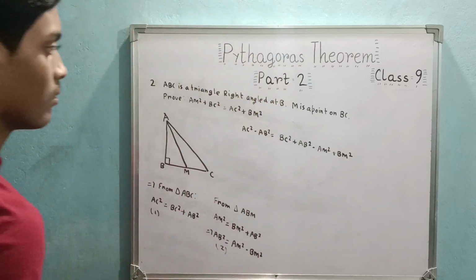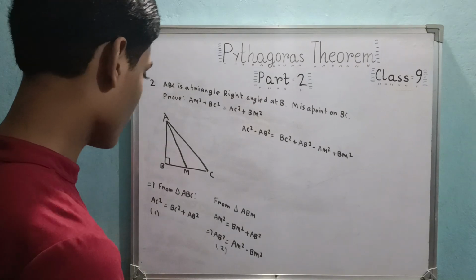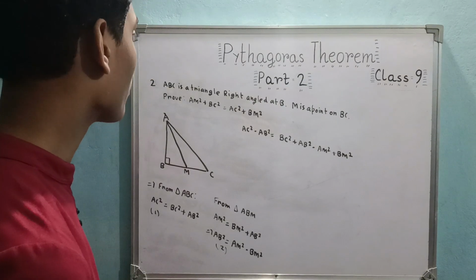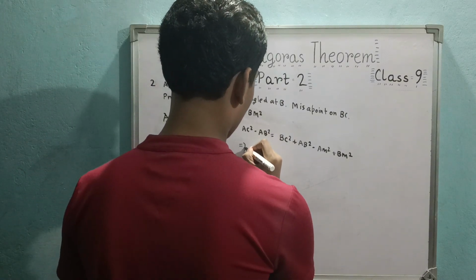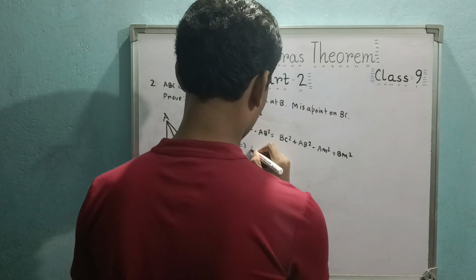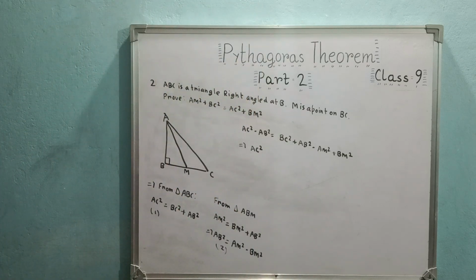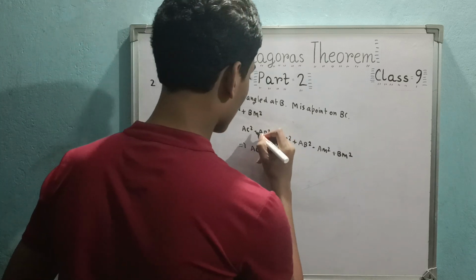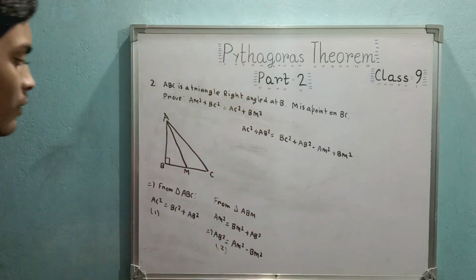Is there some mistake? Let me just check. Did we have to add the equations? Yes, I think we have to add the equations, guys. No need to do subtraction, just add up the equations. Then that will be much easier for you.